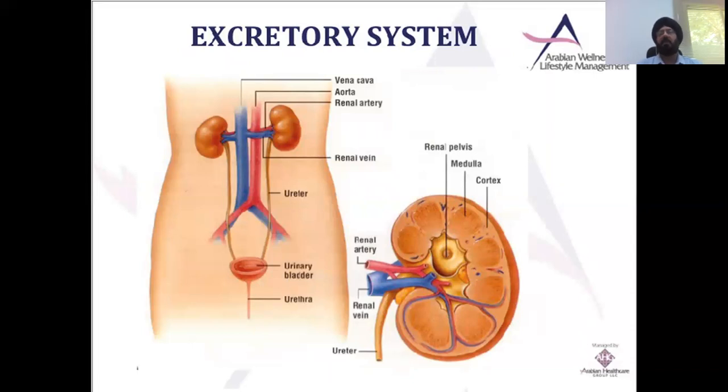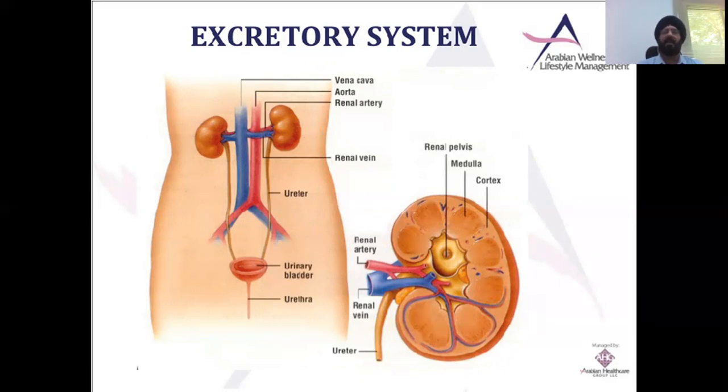Now comes a very important system. In fact, all the systems are very important. The excretory system has its own relevance. The human body excretes the toxic waste from the blood through a sophisticated group of organs like the kidney, ureter, urinary bladder, and urethra, which combine together to function as the excretory system.